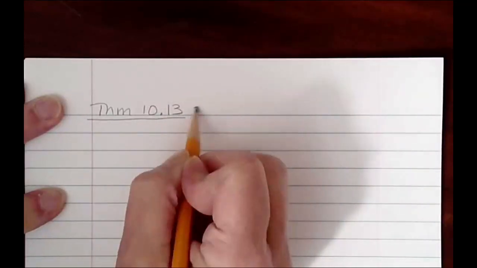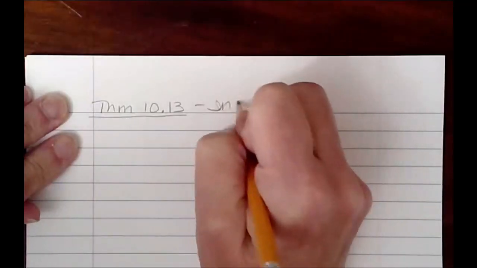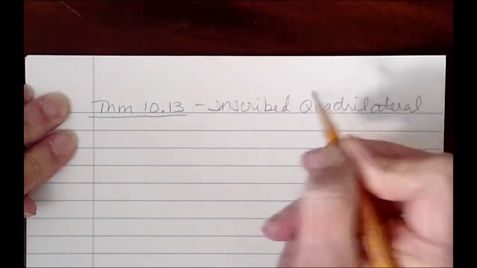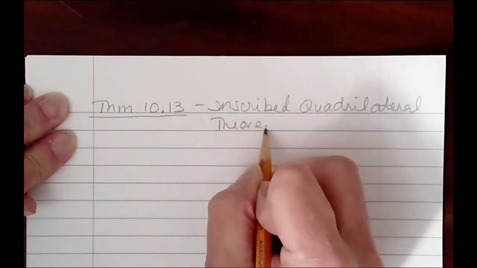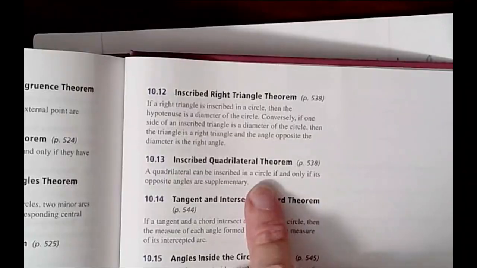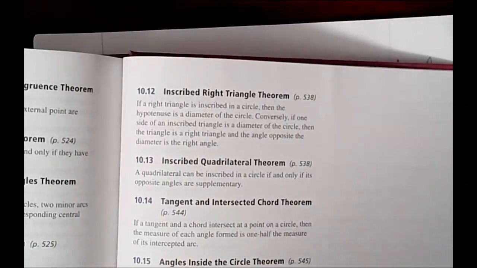Okay. And then theorem 10.13, the inscribed quadrilateral theorem on page 129, says a quadrilateral can be inscribed in a circle if and only if its opposite angles are supplementary.